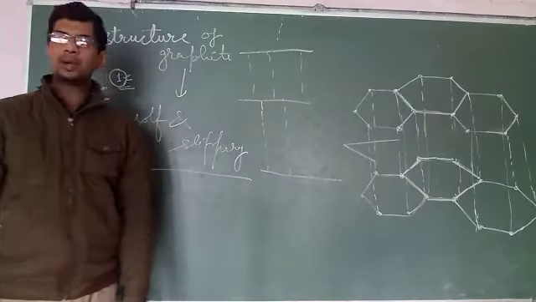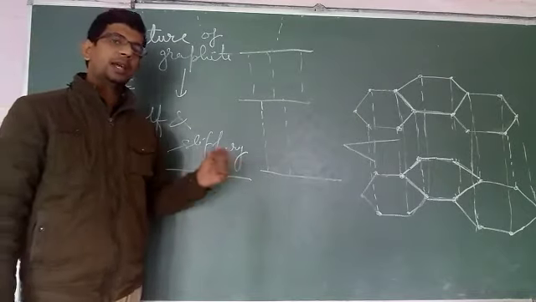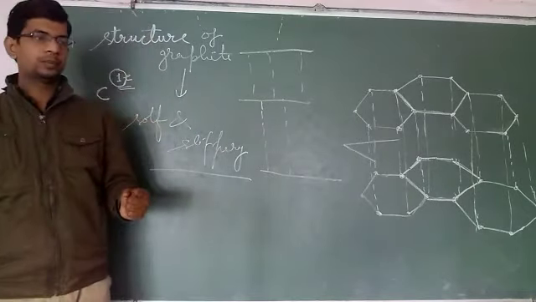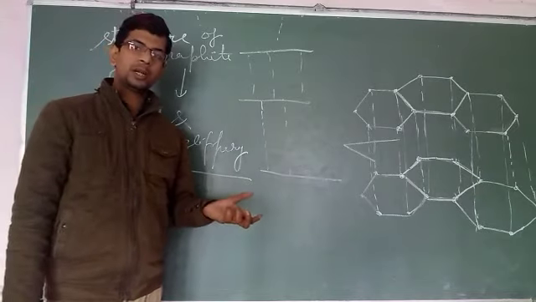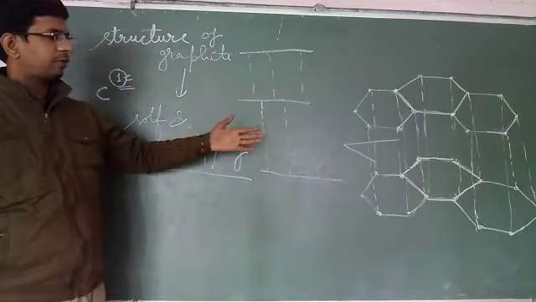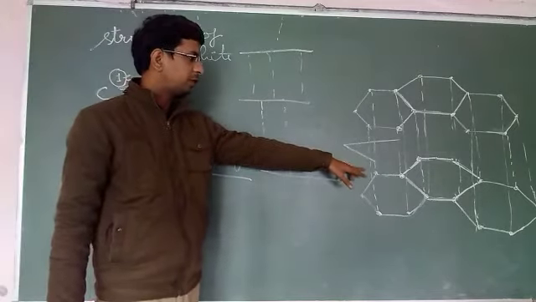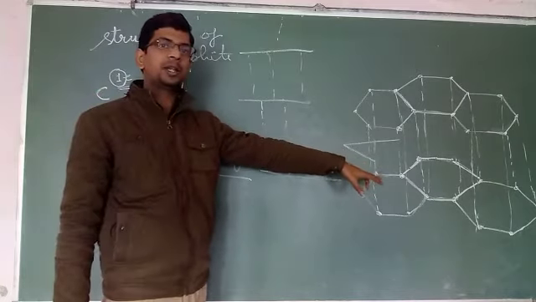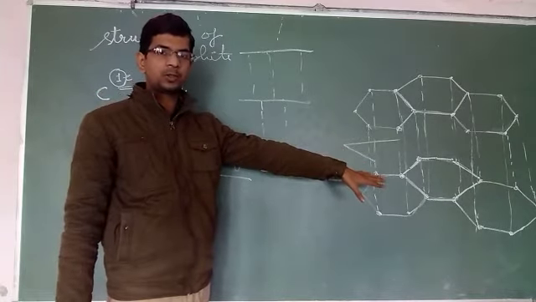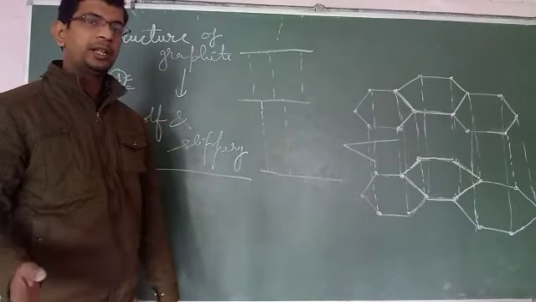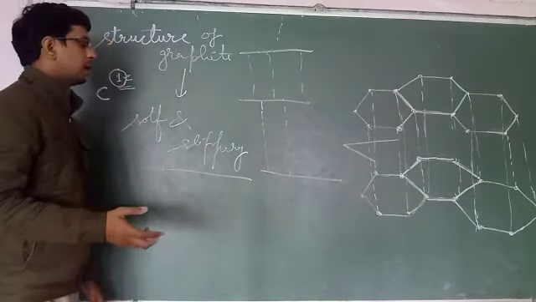In the case of diamond we have seen that diamond was able to conduct heat because of the vibration of the molecules, but it was not able to conduct electricity. But in graphite, because it contains one free electron per carbon atom, graphite is able to conduct electricity and heat both. This is the difference.